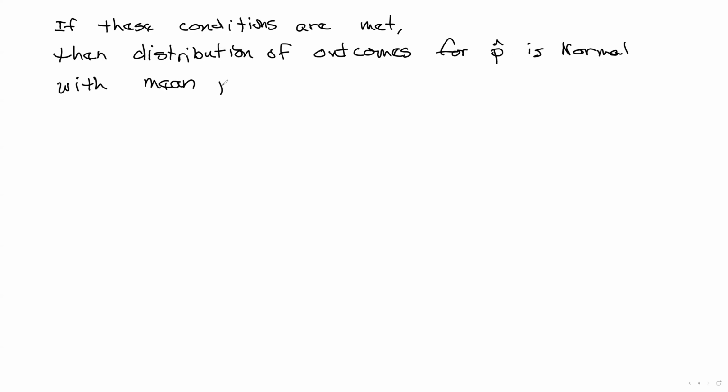With the mean given by the population proportion itself, and the standard error given by the square root, where n is the size of the sample.